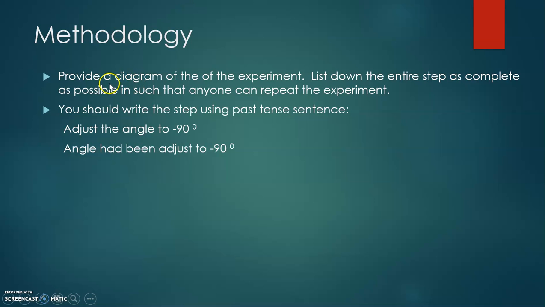So, how do you get good marks in your procedure? You also should provide a diagram. For example, this is the diagram of a cannon, and the cannon is located at the height of 15 meters.